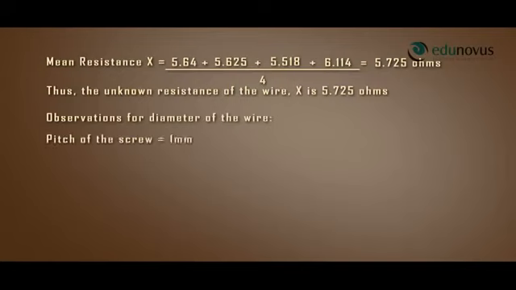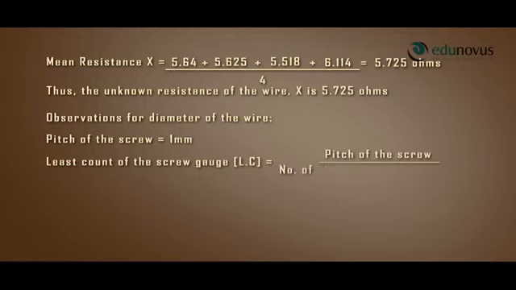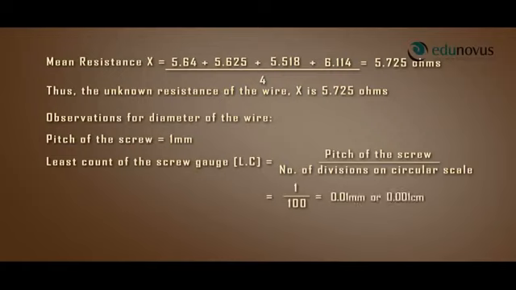Observations for diameter of the wire. Pitch of the screw is equal to 1 mm. Least count of the screw gauge LC is equal to pitch of the screw divided by number of divisions on the circular scale, which is 1 by 100, that is equal to 0.01 mm or 0.001 cm. Zero error is equal to nil. Zero correction C is equal to 0.